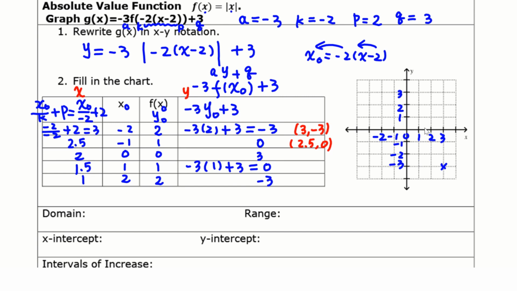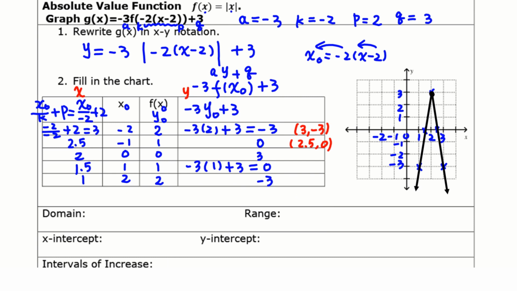Then the next one is 2, 3. 1.5, 0 and 1, -3. Then use a straight line to connect them. You will have 2 branches, okay? And this point is your PQ.